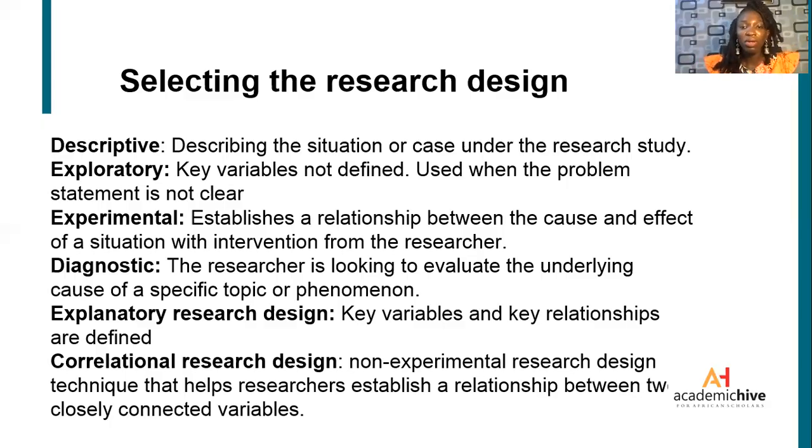You want to see how the concept of compensation explains job satisfaction in a particular industry. So when you want to provide explanation, when you want to show some kind of relationship or effect, some kind of influence, without necessarily manipulating it, then that is explanatory research design.